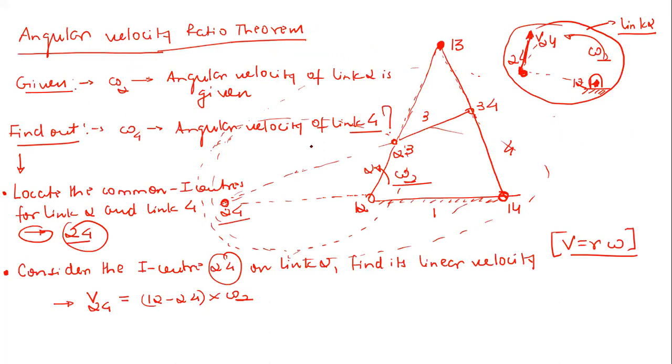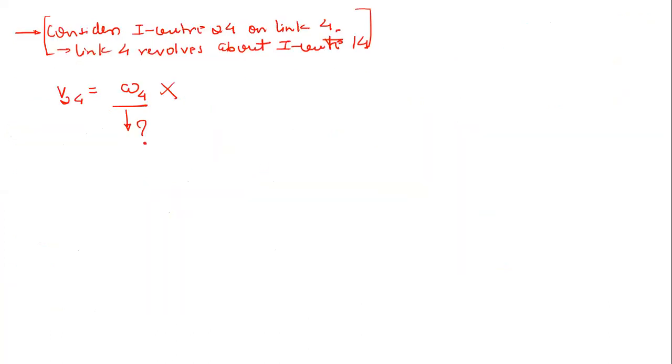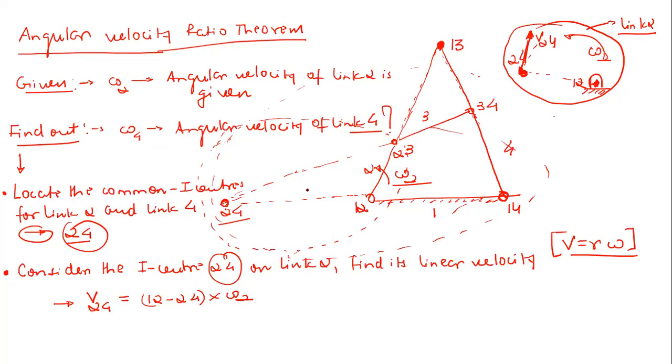Now this large circular disk is again containing this point 24, and it is going to rotate about this I center I14. So now just tell me what will be the linear velocity of this one, that is V24. 14 minus 24. This is now very obvious, omega 4.